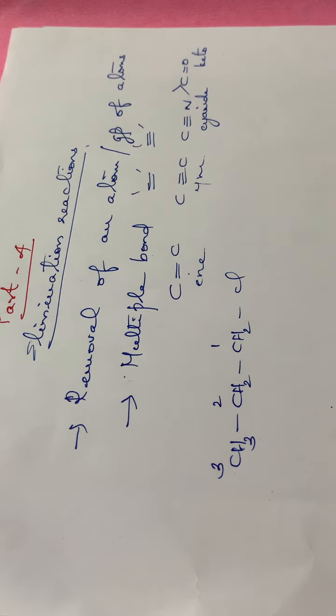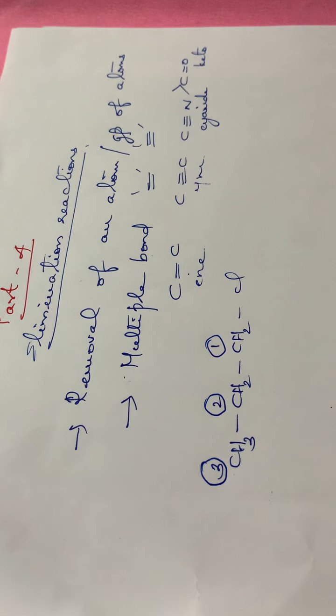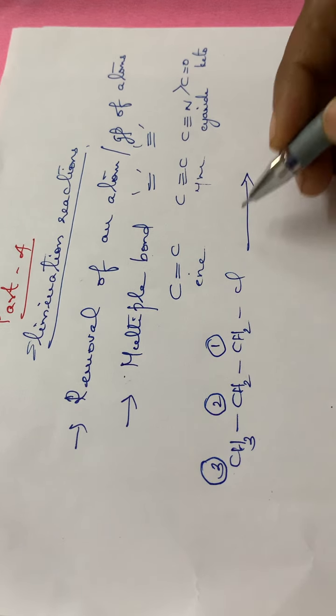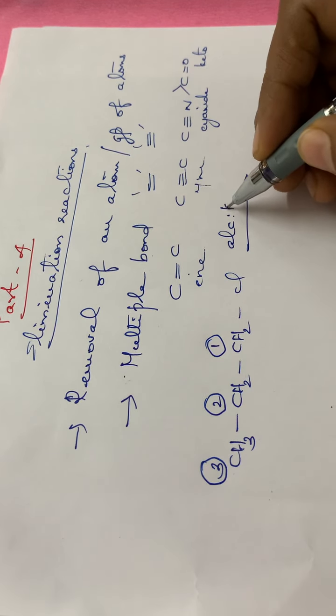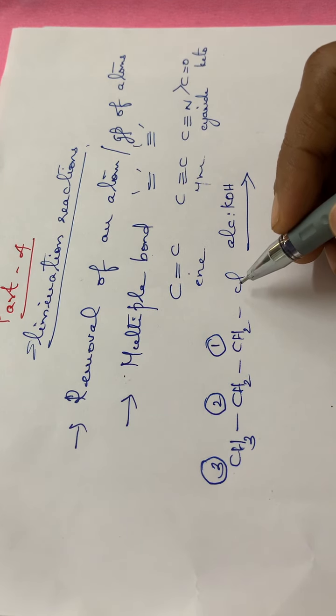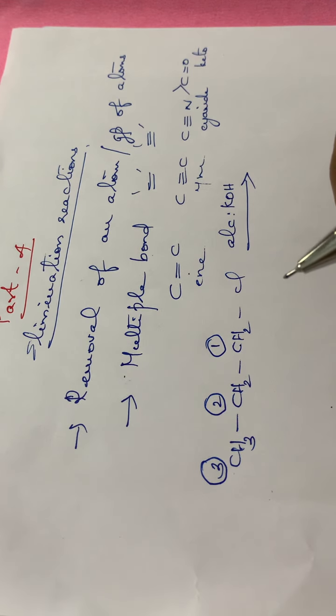So this compound is propyl chloride. For elimination, the reagent used is alcoholic KOH, and elimination will take place from the first carbon atom and the second carbon atom.